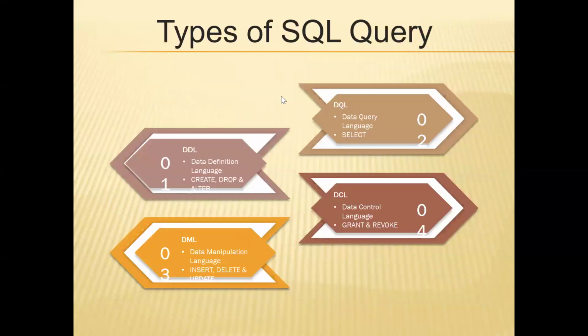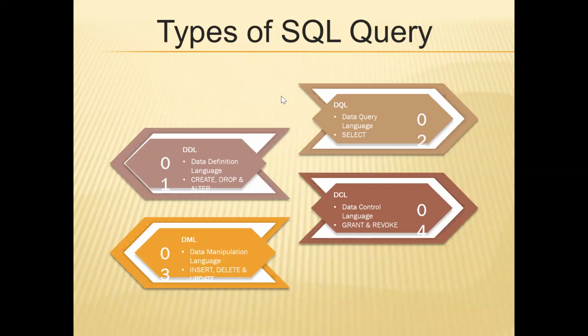So next one is types of SQL query. We have 4 commands, which are DDL commands, DML commands, DQL commands, DCL commands. DDL commands in the sense data definition language. Here we are creating a table.